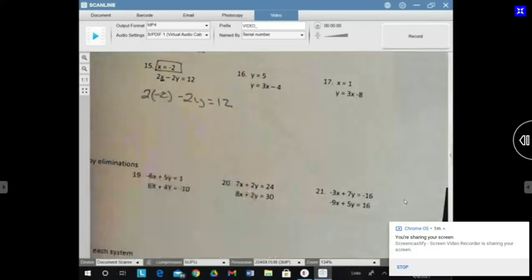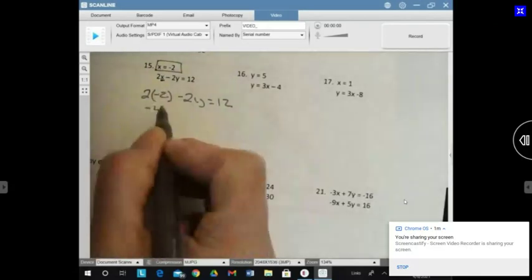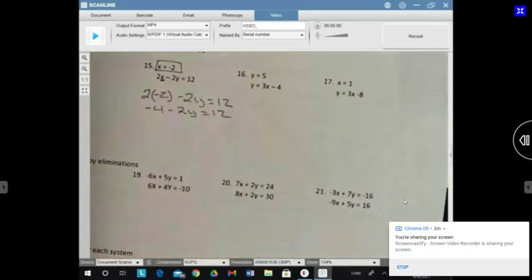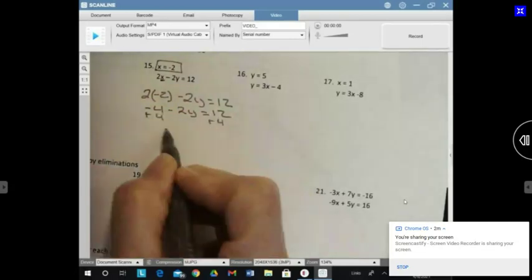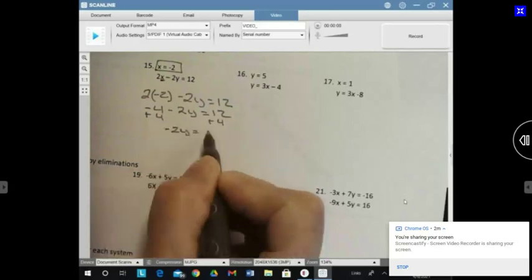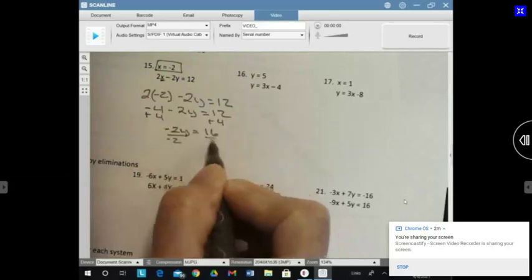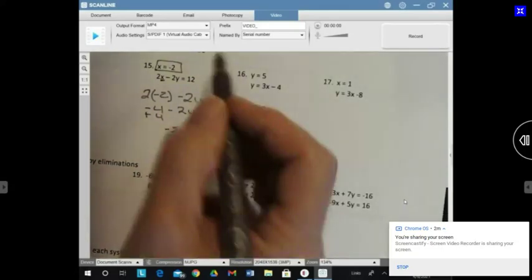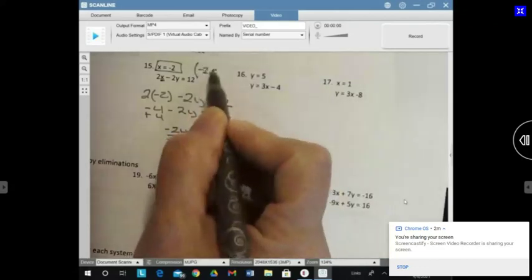So I have negative 4 minus 2y equals 12. Adding that 4, negative 2y is equal to 16. Dividing by that negative 2, y equals 8. So my solution is negative 2, 8.